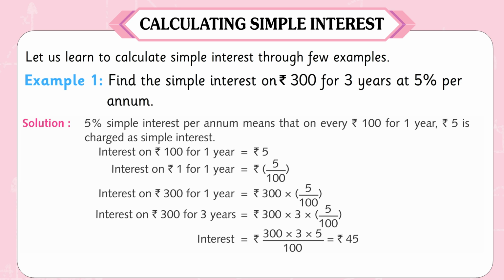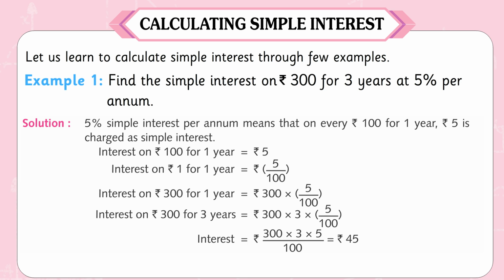Interest on ₹100 for 1 year is equal to ₹5. Interest on ₹1 for 1 year is equal to ₹5 upon 100. Interest on ₹300 for 1 year is equal to ₹300 into 5 upon 100.